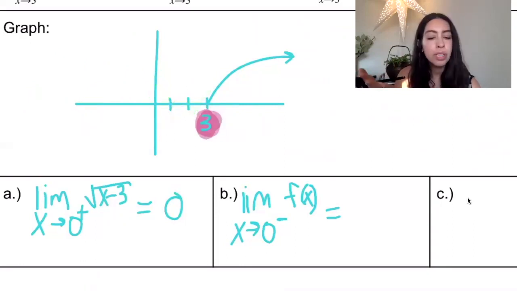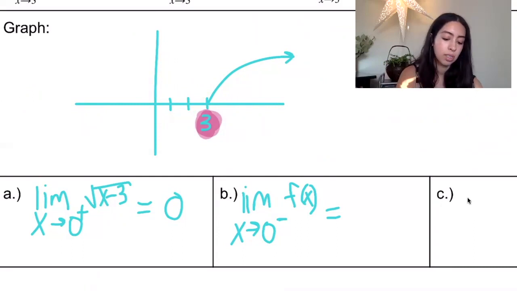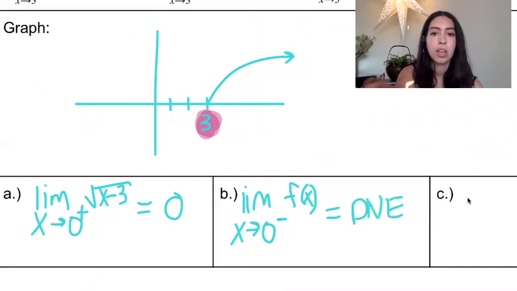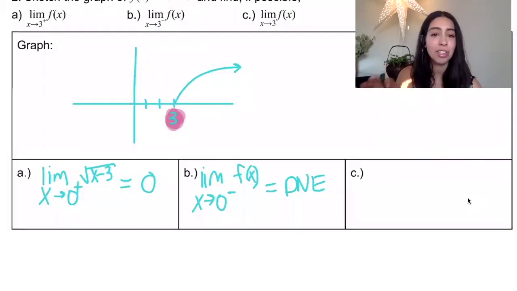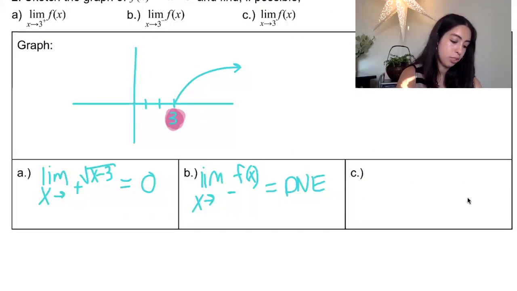So what is the limit? Does not exist. There can't be a limit if there's no function. Am I right? Right. So if there's no function that exists in that area to the left of 3, then, oh, sorry, I keep writing 0. Oops. Sorry, the question is 3 from the right and 3 from the left.